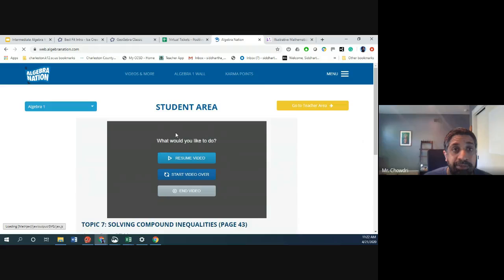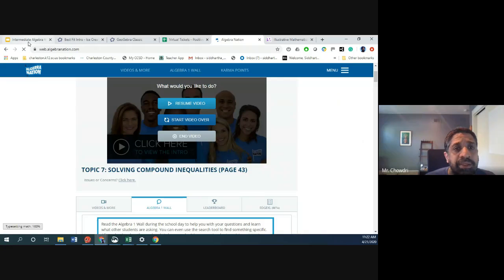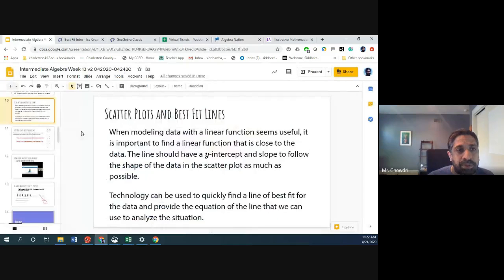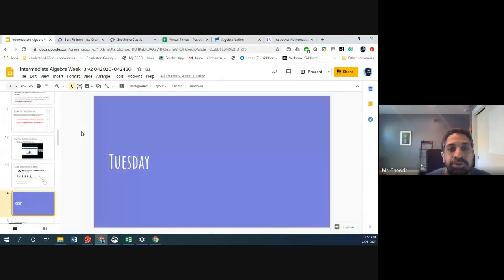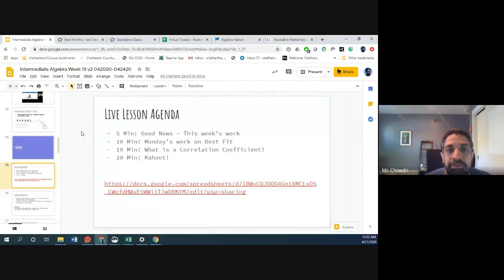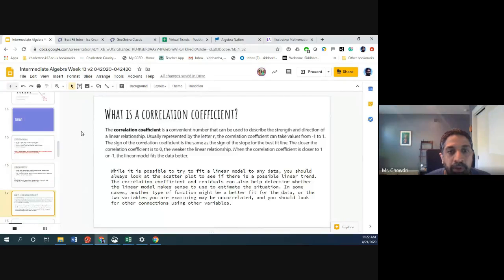So that is yesterday's work and exit ticket. And then today I want to introduce the concept of the correlation coefficient. So if you go to this week's slides, there is a long explanation about what correlation coefficient means and how it works.